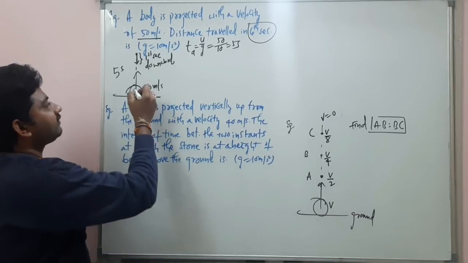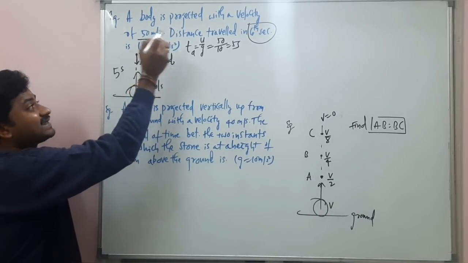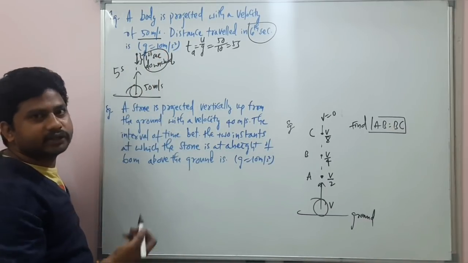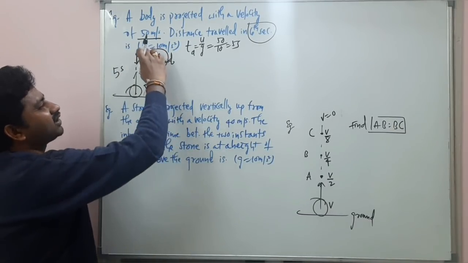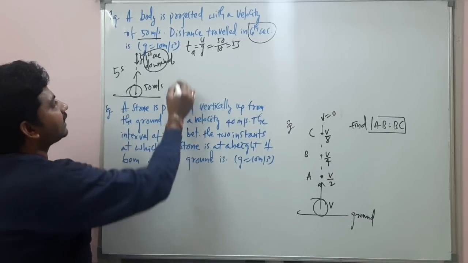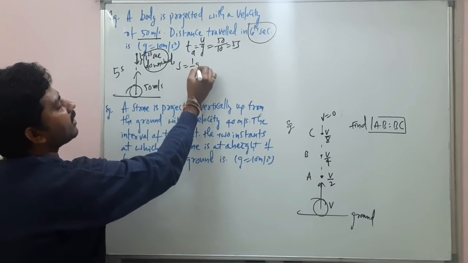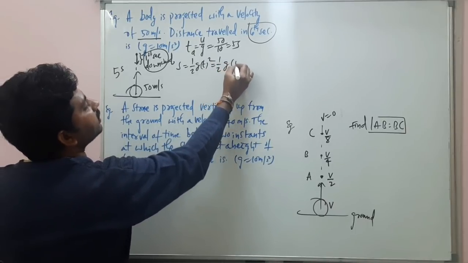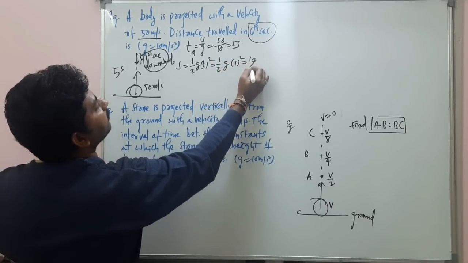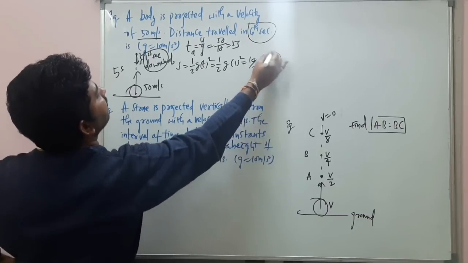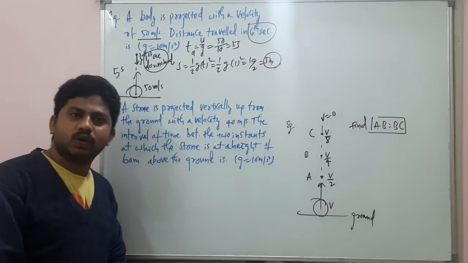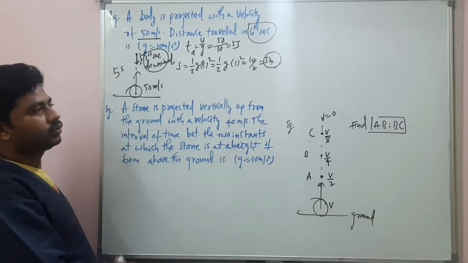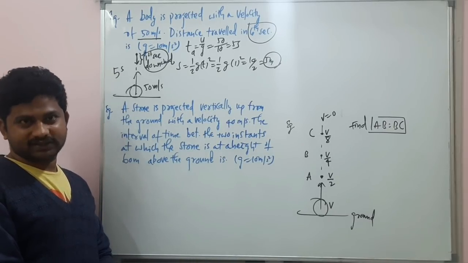Understand? 5 seconds it will take to reach the maximum height. 6th second is downward motion first second. And you know how to find downward motion distance traveled in the first second. So S is equal to half into g into t square. So that is half into g into 1 square. It's 10 by 2. It's 5 meter, my dear students. Okay? Clear? So this is how you should solve the questions.